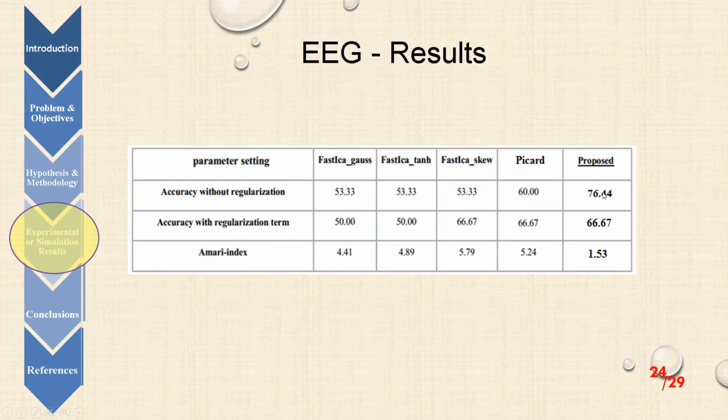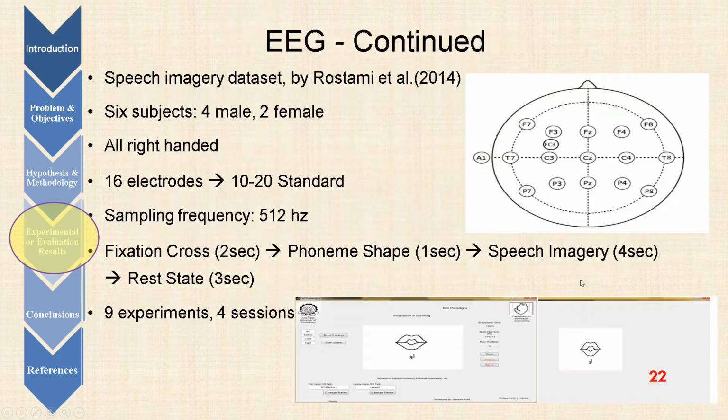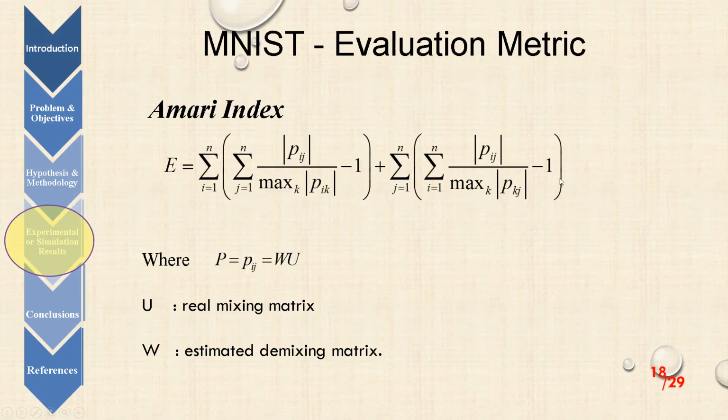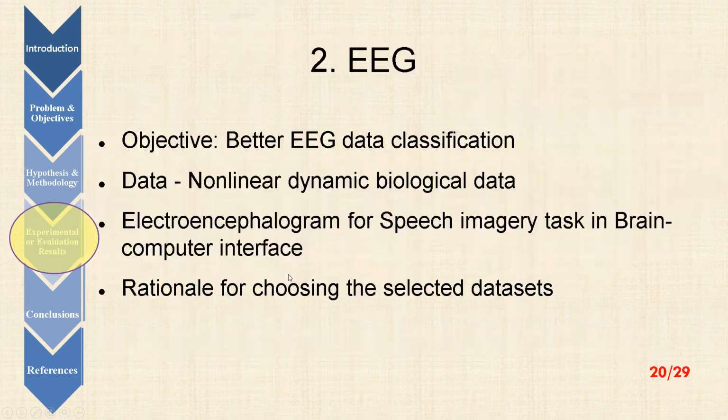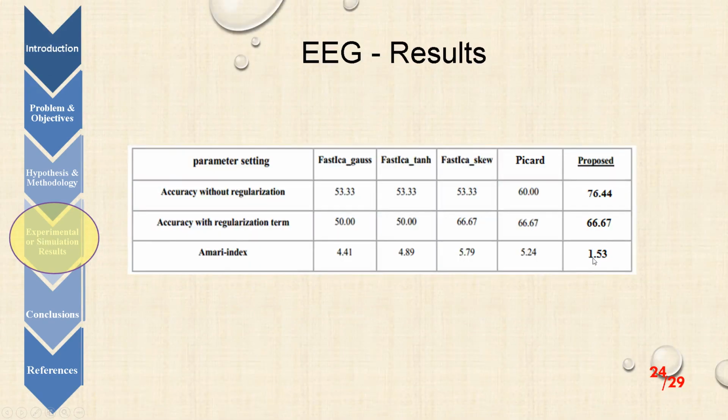In both cases, our proposed method has outperformed. And the third parameter setting is the Amari metric that we introduced before. This metric measures the independency between the finalized mixture and the finalized dimensions after imposing the proposed dimensionality reduction method. Therefore, we realize that our approach finds more independent components compared to the previous approach, which is aligned with our assumptions.